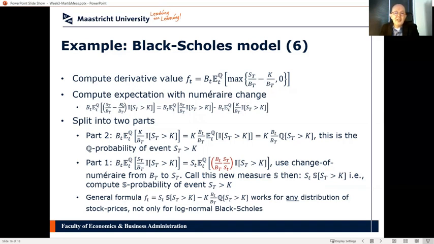Then if S is larger than K, I am multiplying by 1 and getting S minus K. If S is smaller than K, this event is not true and I'm multiplying by 0. But this representation of S minus K times the indicator function that S is larger than K is another way of writing this max operator.